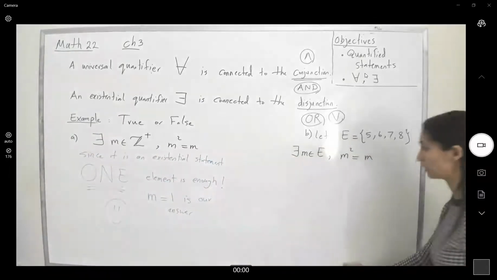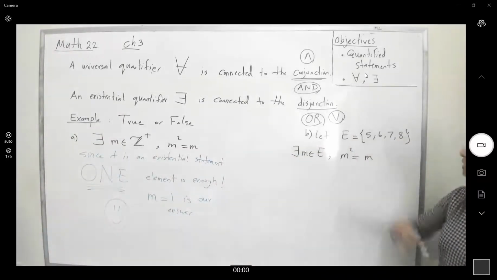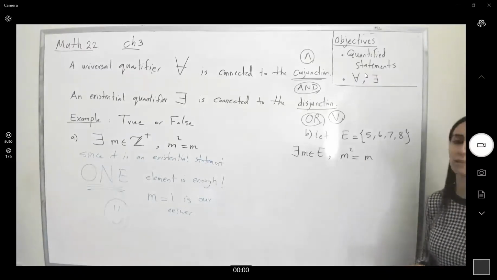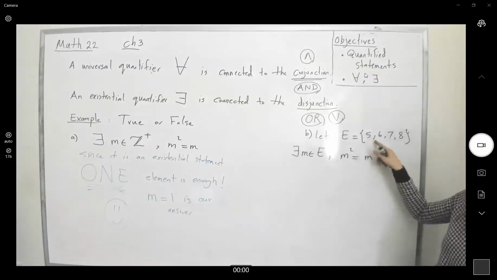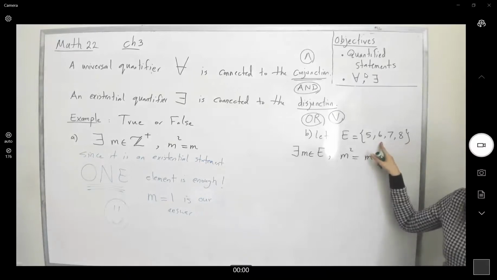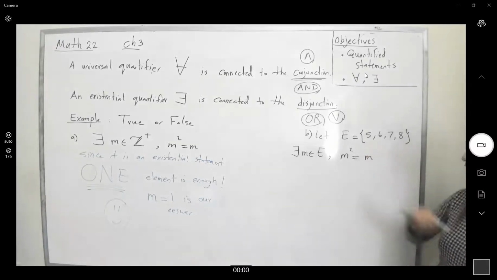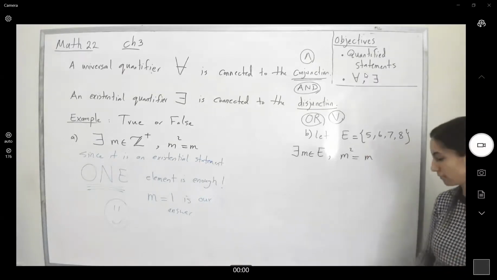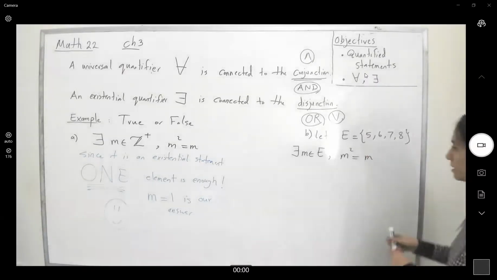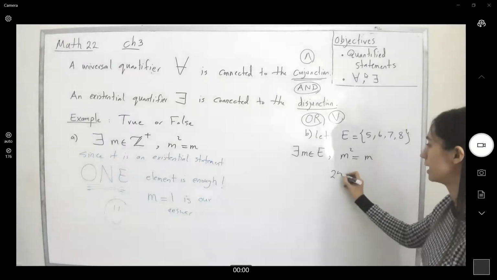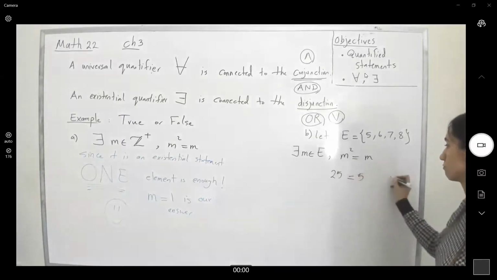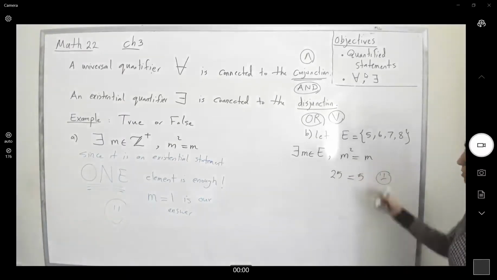What about this one? It says, hey, your domain is 5, 6, 7, 8. Can you find one member, at least one member, in between these elements that satisfies this equation? So take a look at this. If I plug in 5, it says, hey, 25 is 5. Of course not. So not the first number.